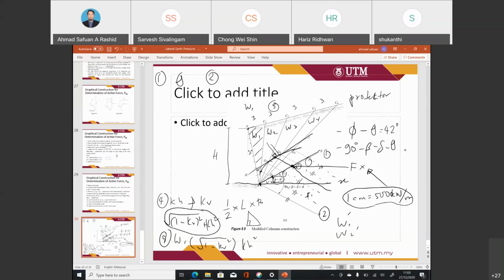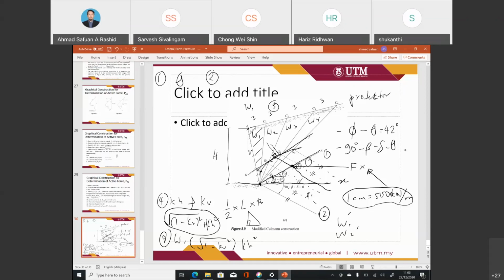Then the next step is to adopt a load scale. For example, if you want to use 1 centimeter equal to 500 kilonewton per meter, you may draw it on the BE line.